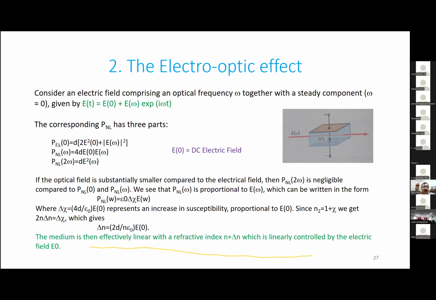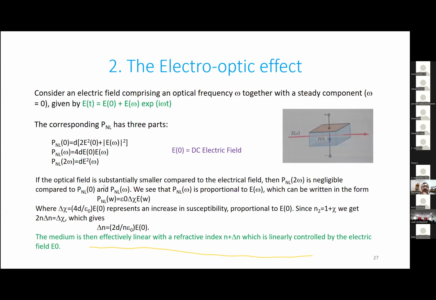One is nonlinear polarization at DC frequency, at 0, which doesn't really affect us much. The second is at the same frequency omega, given by 4d E0 E omega. And the final one is at the frequency 2 omega, d E squared omega.